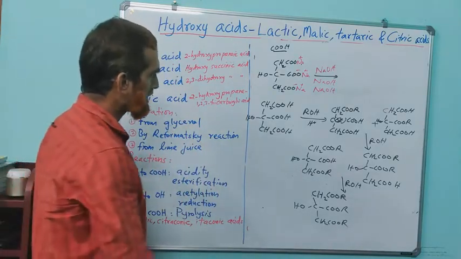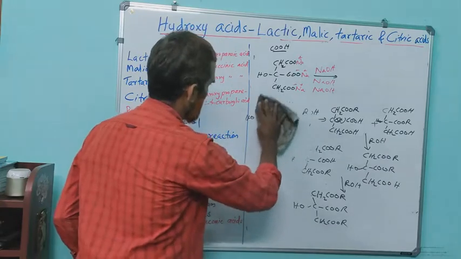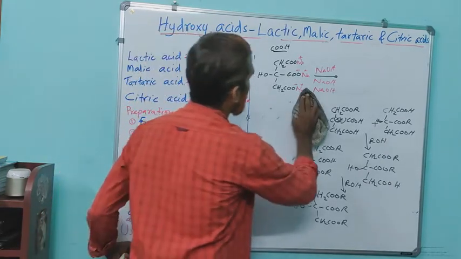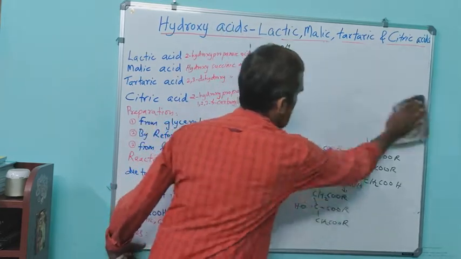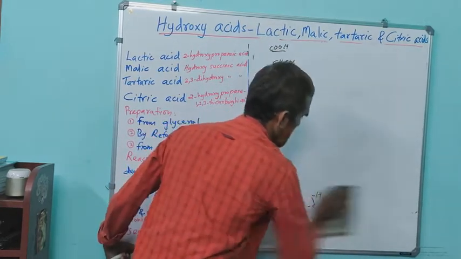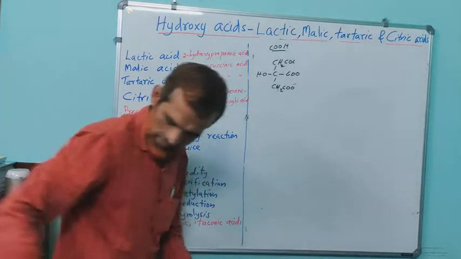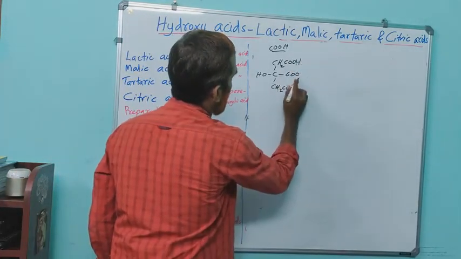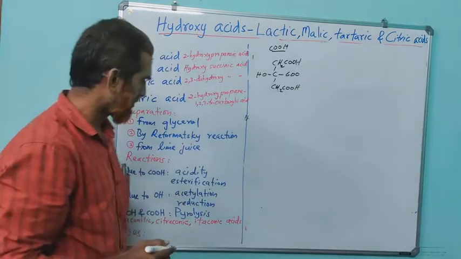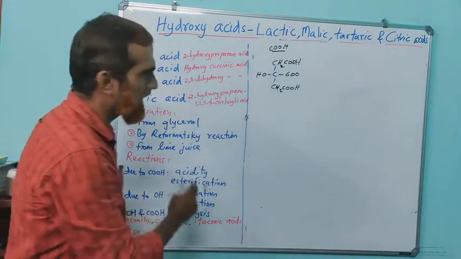Coming to reaction due to OH. There are two reactions to discuss. One is acetylation, and the other is reduction using HI. Look at the reactions. Citric acid, acetylation.